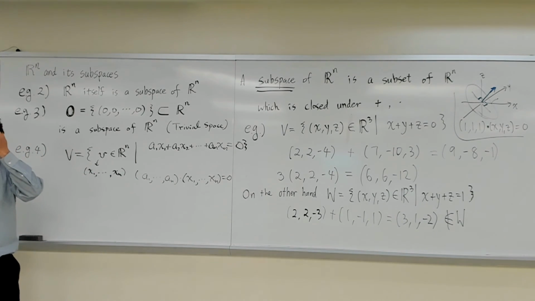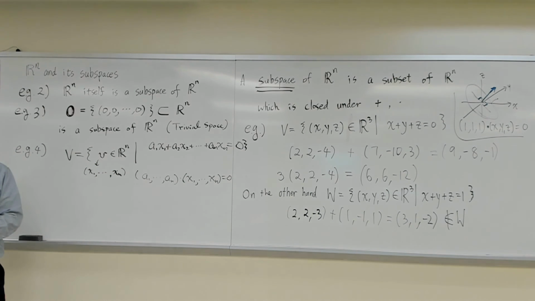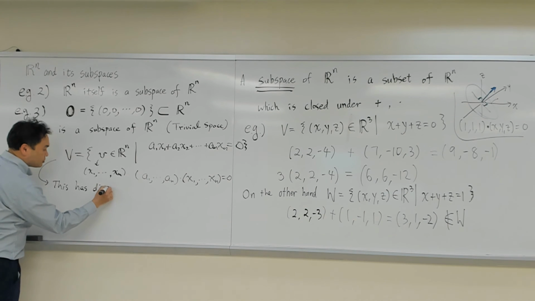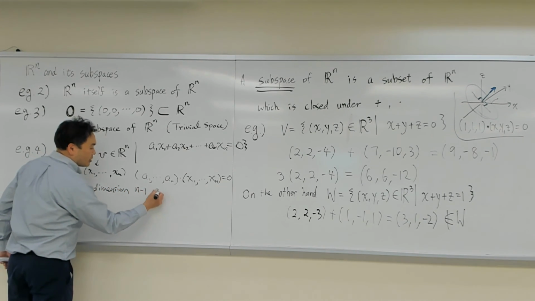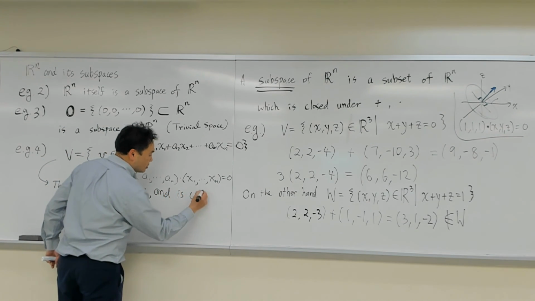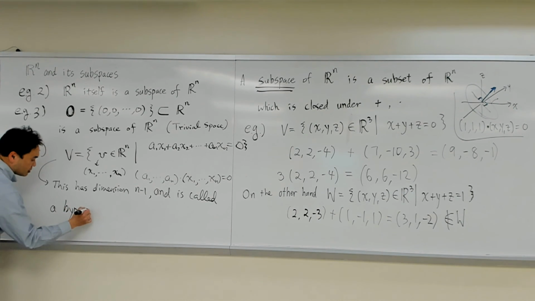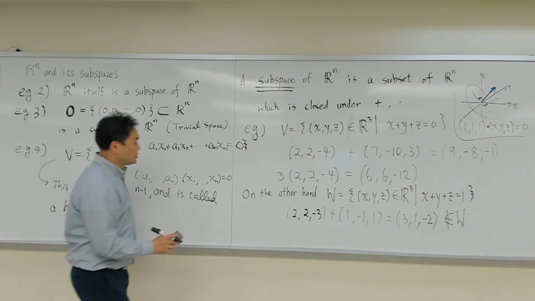So you get that, and then in 5 dimensions, you get a 4-plane, and you always get 1 dimension less than the ambient space. Such a space has dimension n minus 1 and is called a hyperplane.